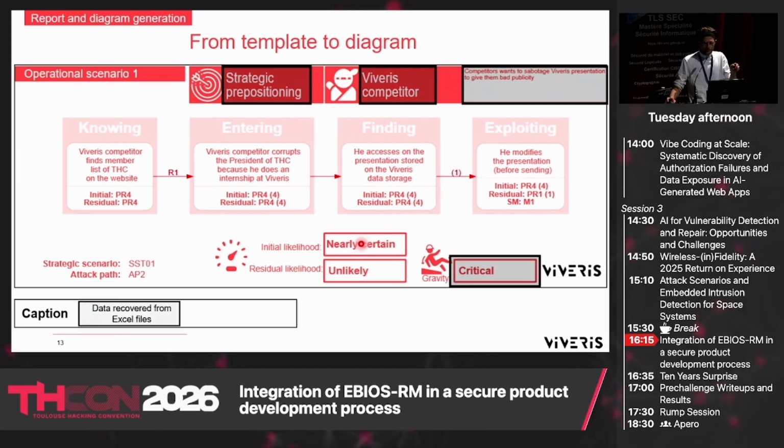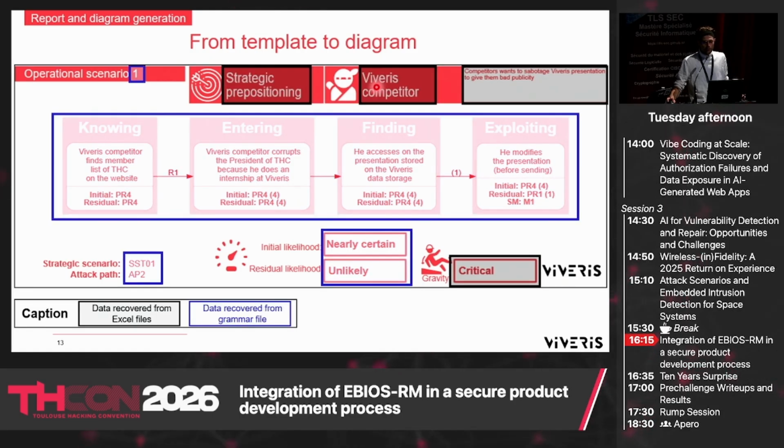So we have data recovered from Excel files, which are completed during the workshops, for example the gravity and the source of risk. And then we have data recovered from the grammar file, like the likelihood, and we can focus on each elementary action to see its likelihood and also the security measures which decrease the likelihood of each elementary action.